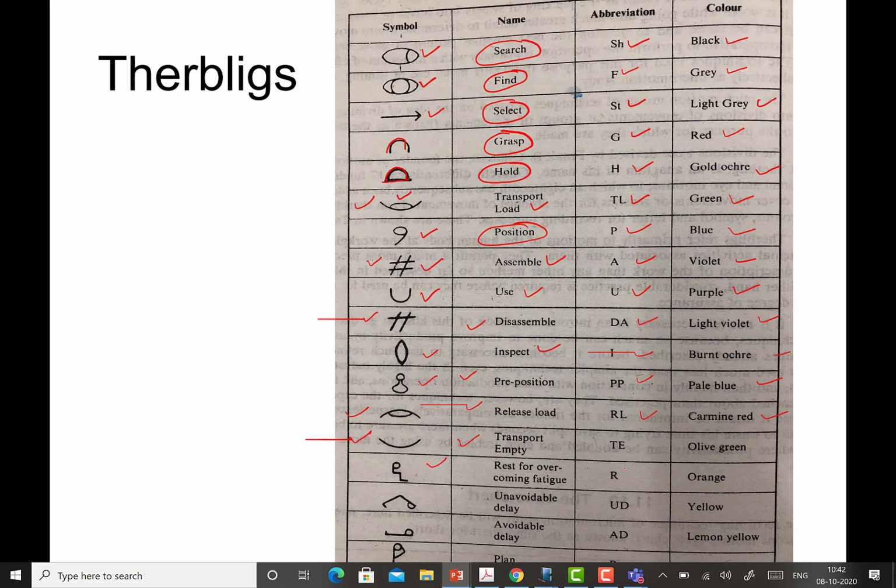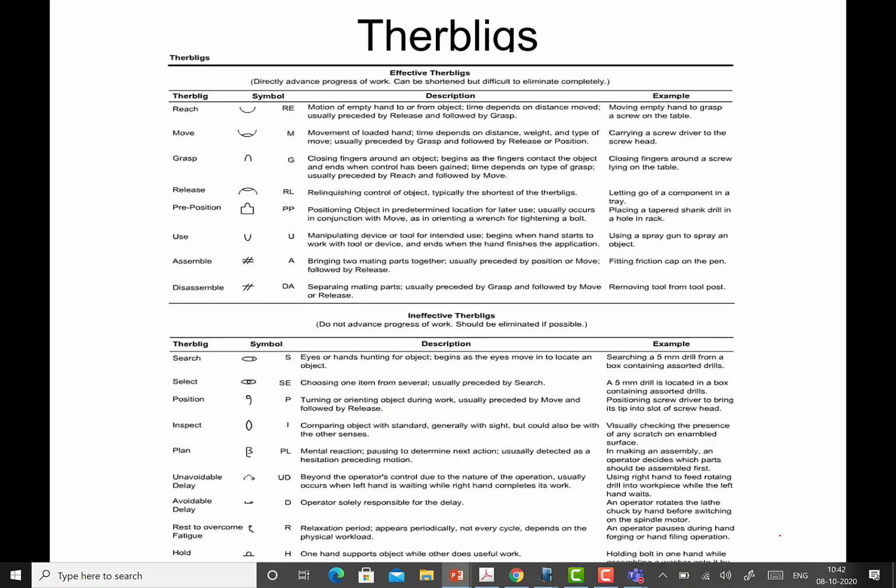Rest, R, orange. Unavoidable delay, this is the symbol, UD, yellow. Avoidable delay, this is the symbol, AD, and lemon yellow. And then plan, this is the symbol P.